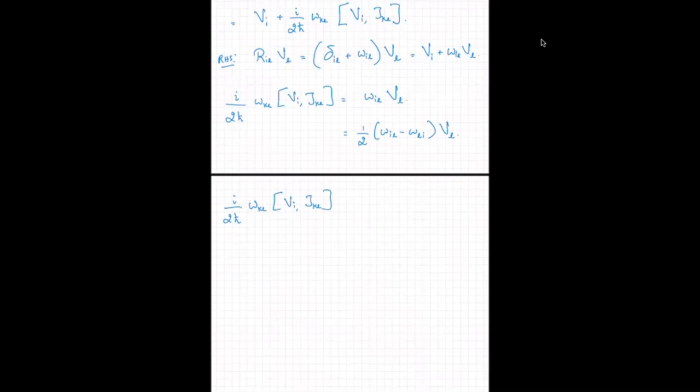But always understand that V and J are operators, so they should be understood with the hat on top. 1/2. Now I can write this as delta_ik omega_kl. Why? Because delta_ik omega_kl is simply omega_il.